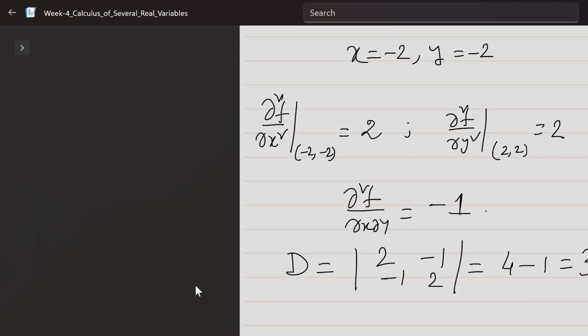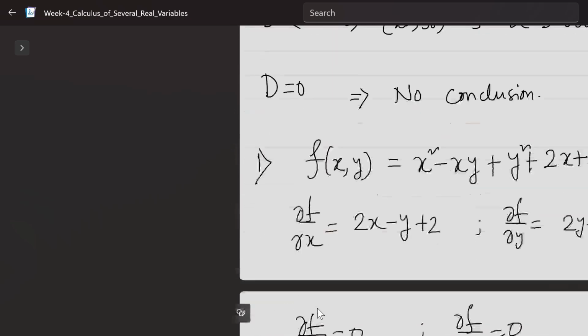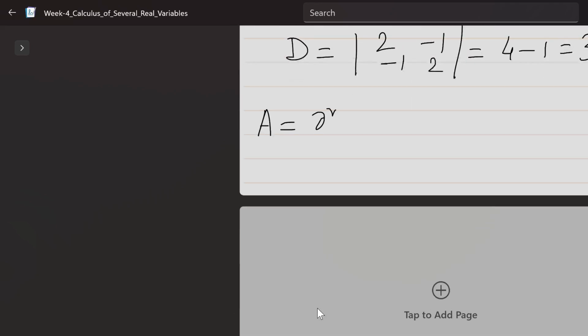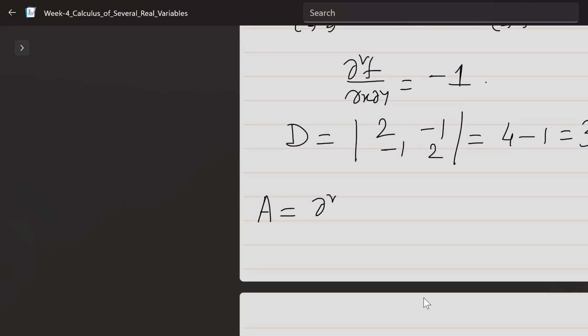And your A, what is A? I think the formula for this, A, B, C, included a half before it. Like A equals half into del 2f by del x square, something like that. But half you can manage, no? It is a determinant.